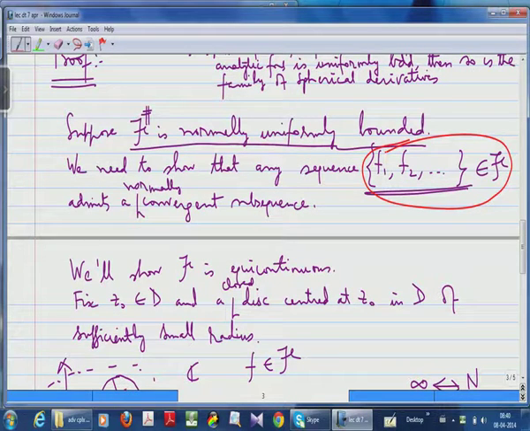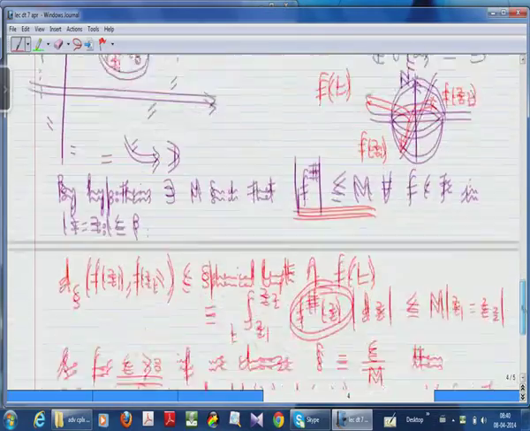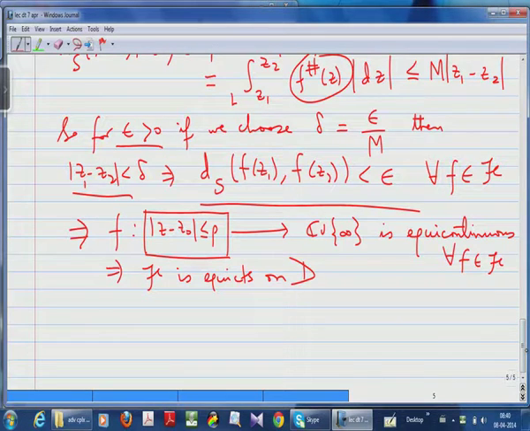Now what do I have to show? I started with this sequence in script f, and I will have to extract a subsequence which converges uniformly on compact subsets. That is what I have to do. What I want to indicate is that you can now do it exactly in the way you proved that equicontinuity and uniform boundedness implies sequential compactness, in one way of the proof of the Arzela-Ascoli theorem.